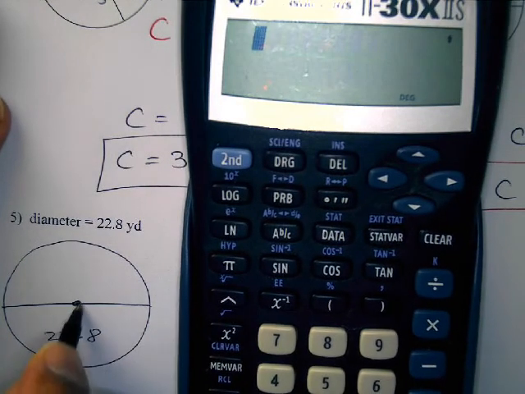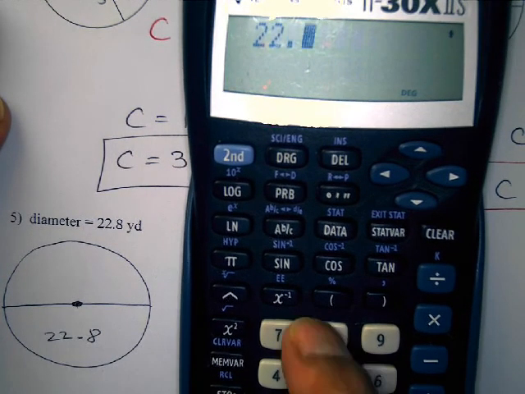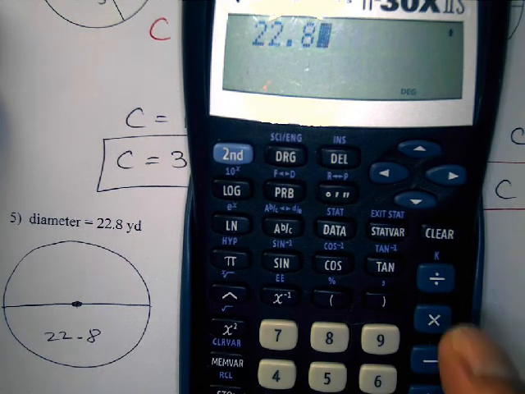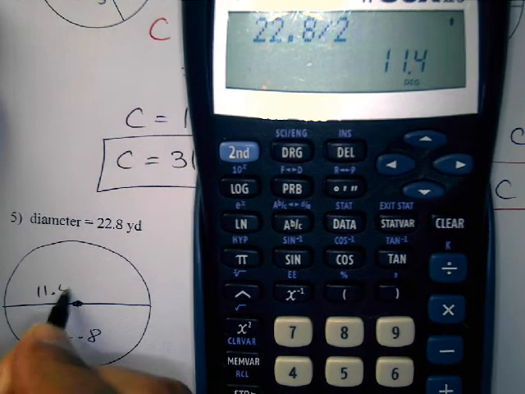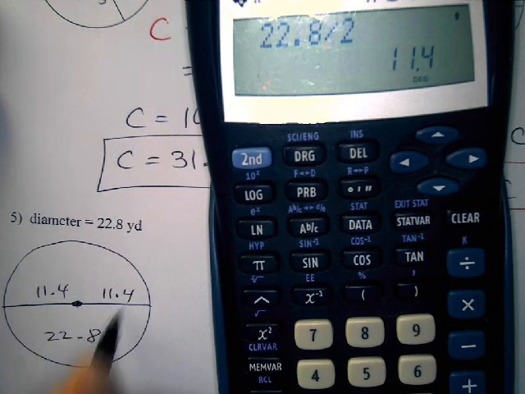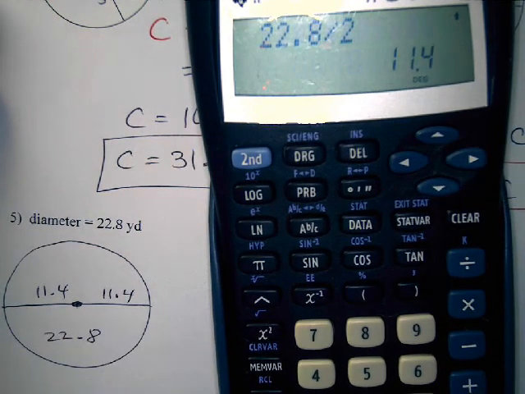How do I do that? Well, I'll divide it by 2, right? Whatever the diameter is, you just divide it by 2 to get the equal half. 22.8 divided by 2 is 11.4. Does that make sense? 11.4 and 11.4.